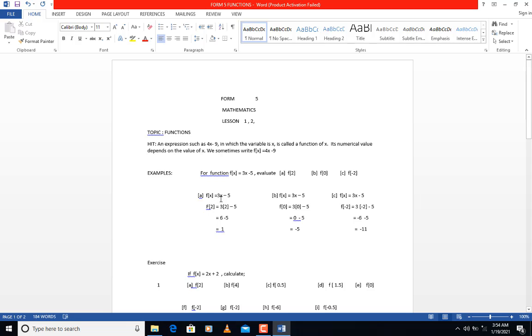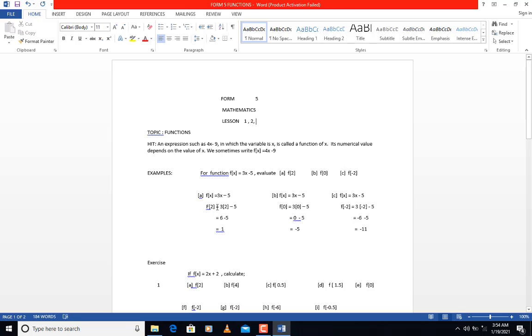f of x is equal to 3x minus 5, then f of 2 is equal to... What does it mean? When they say f of 2, it means you are in the function 3x minus 5, and where there is x, you are going to substitute 2. This is a substitution system.